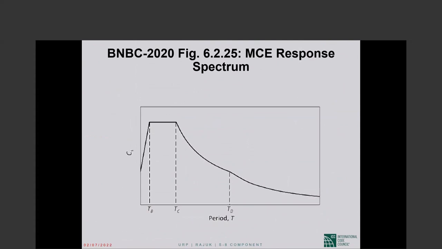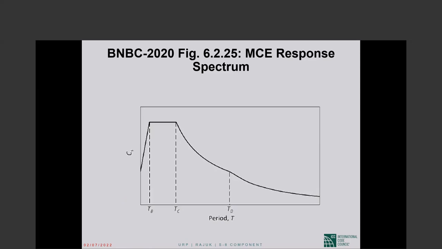And T sub L I have already indicated to you. This is the BNBC spectrum. On the y-axis is C sub S, which is pretty close to the S sub A, and I will make it very specific as we go. Between S sub A and C sub S, the way AC7 and BNBC use these two notations, it's quite confusing.